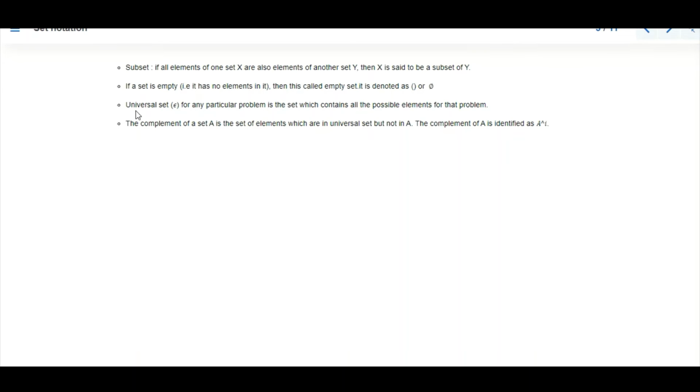If you can find a subset within the universal set, then the elements of the universal set that are not in it form the complement of that set. We are going to be looking at activities very soon, which will explain this better.